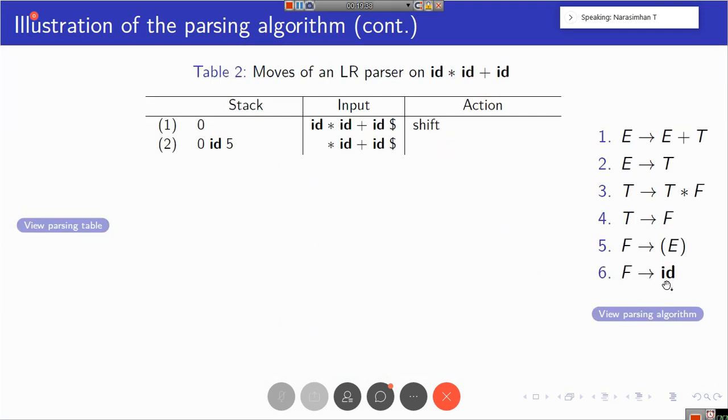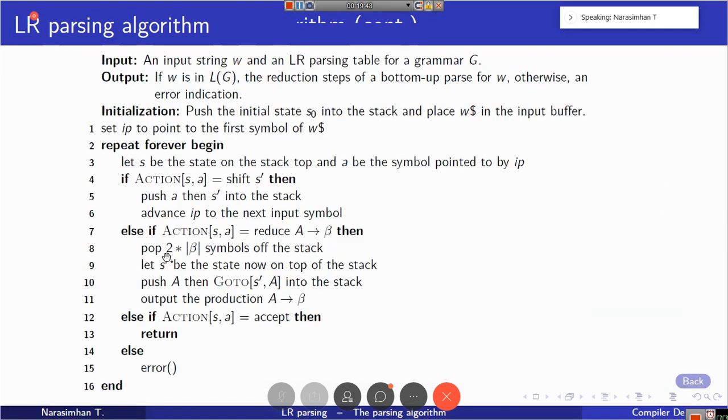So you need to use that production rule to perform the reduction operation. So in reduction operation, what you need to do? You need to pop 2 times the length of beta symbols. So you will end up with some state on the top. You find what is goto S dash and A, then the corresponding left hand side and the goto entry will be pushed into the stack. Let us do that.